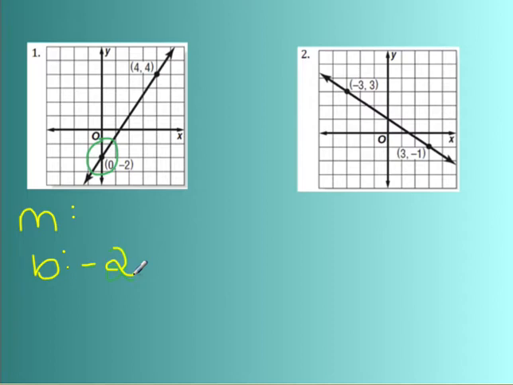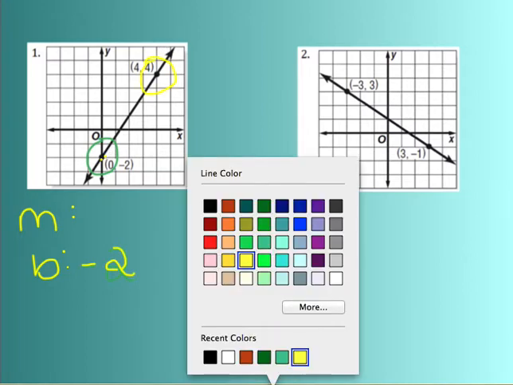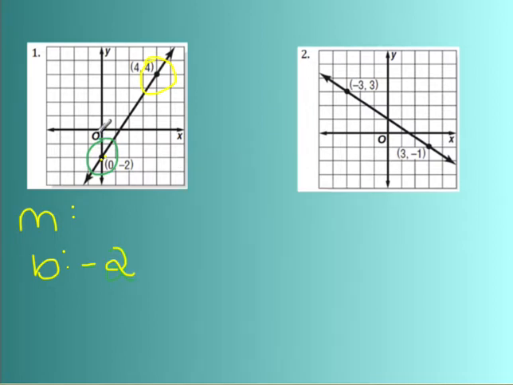Now we need to calculate my slope. I want to figure out how many I go up to get from here all the way up to here. I'm going to start at this point right here and go up 1, 2, 3, 4, 5, 6, and then go over 1, 2, 3, 4.